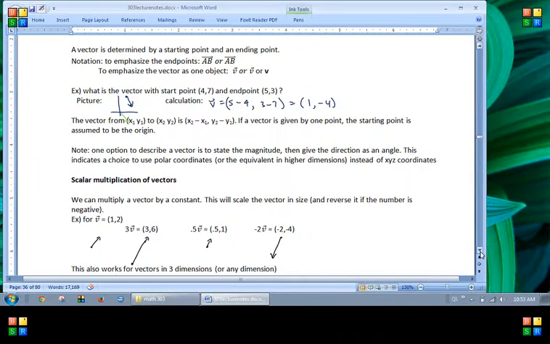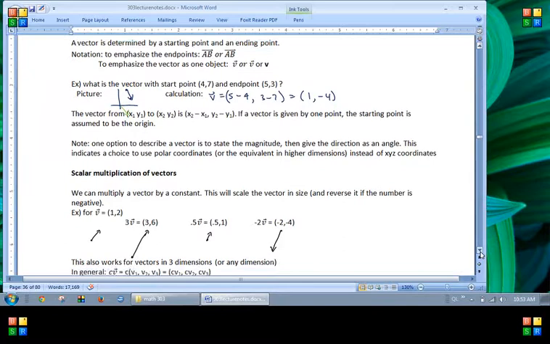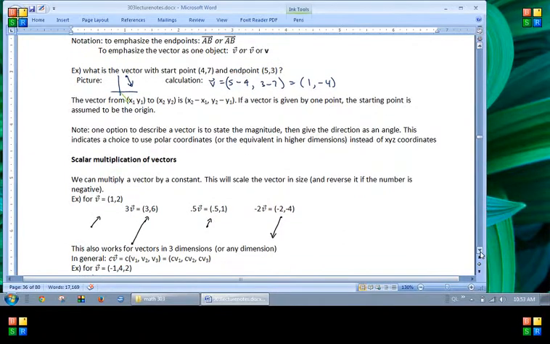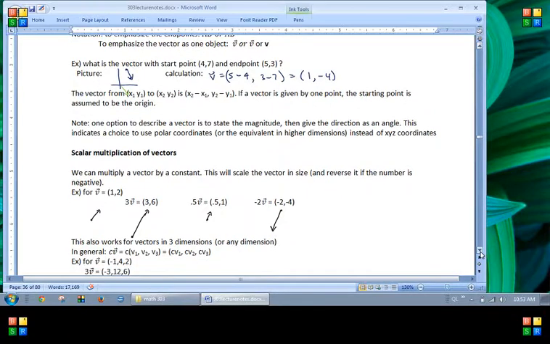And then this works in the natural way for vectors in 3 dimensions, or any dimension. So in general, if you multiply a vector by some number, then the way that you find your new vector is you simply multiply each value, or each component, by your constant. For example, for the vector -1, 4, 2, if you multiply that vector times the number 3, you get -3, 12, 6.